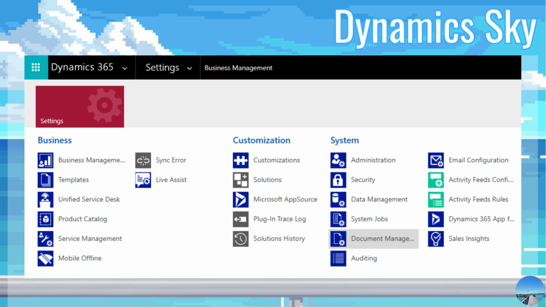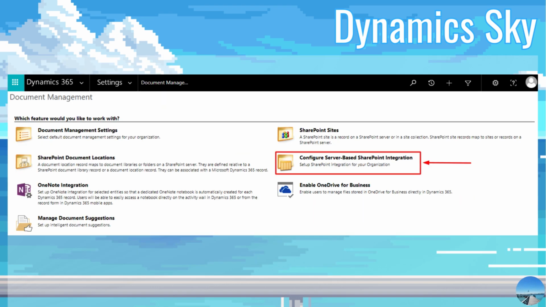In the System column, you can find Documents Management. Choose Documents Management in the System column. In the Documents Management page, choose the option Configure Server-Based SharePoint Integration.